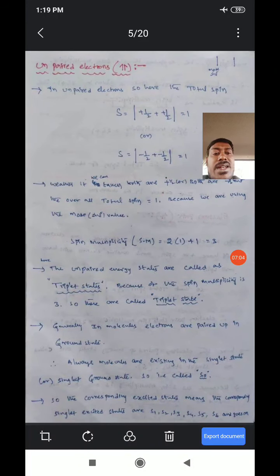Then next we are discussing unpaired electrons. Here the total spin S is equal to the modulus of plus half plus half, that is equal to 1, or S is equal to the modulus of minus half minus half, that is equal to 1.